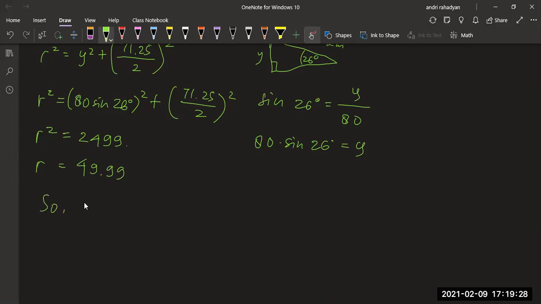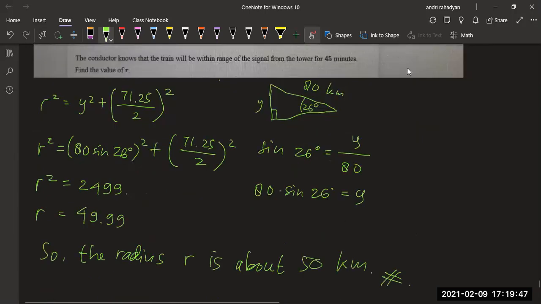So the radius R is about 50 kilometers. Okay, that's all.